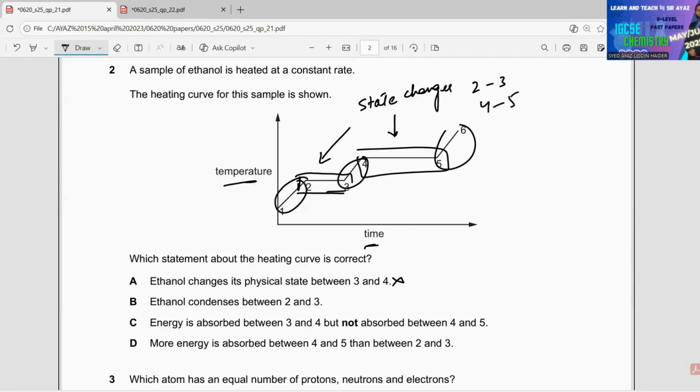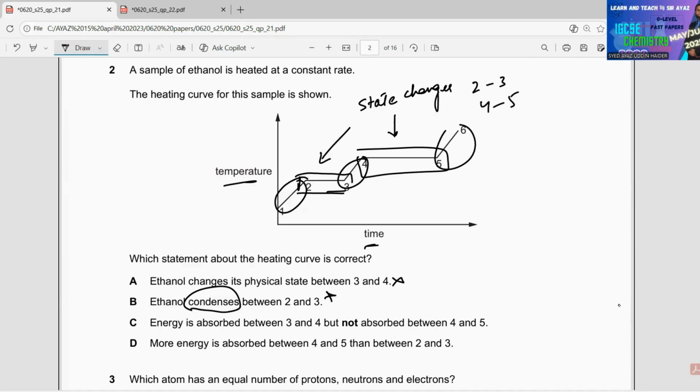So this is incorrect. B, ethanol condenses between 2 and 3. Ethanol is not condensing. It's gaining energy, so condensation is not happening here. If we consider this one as solid state, it must be melting. So this is also incorrect.